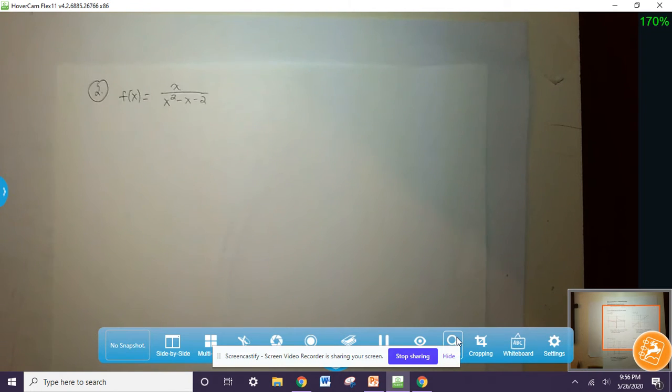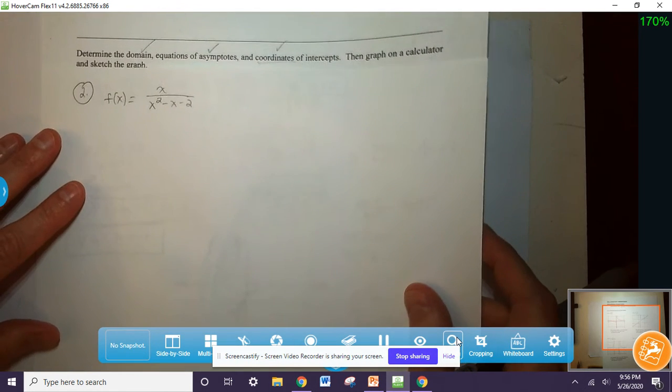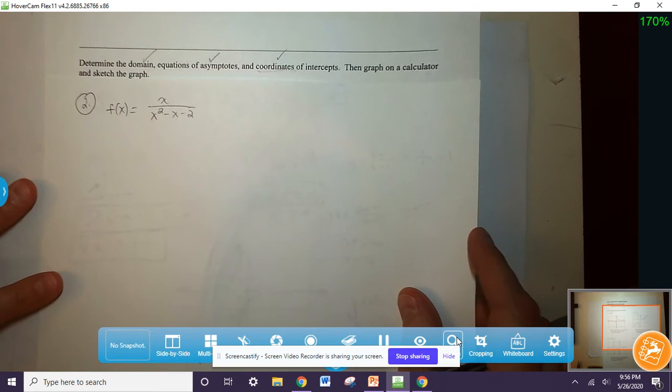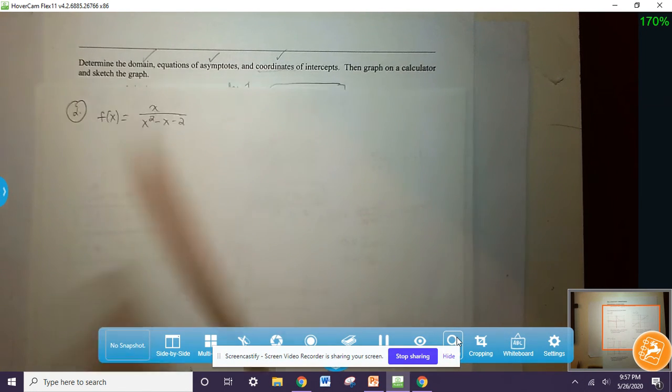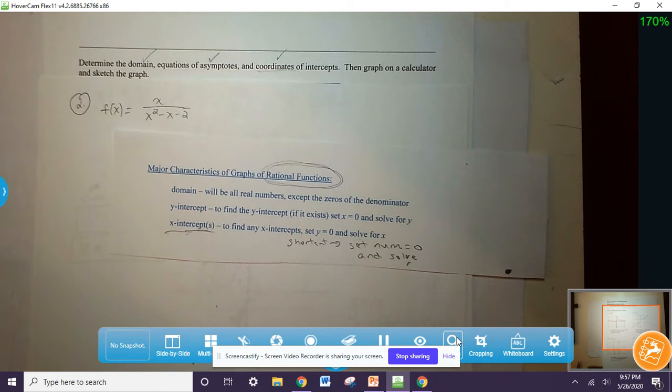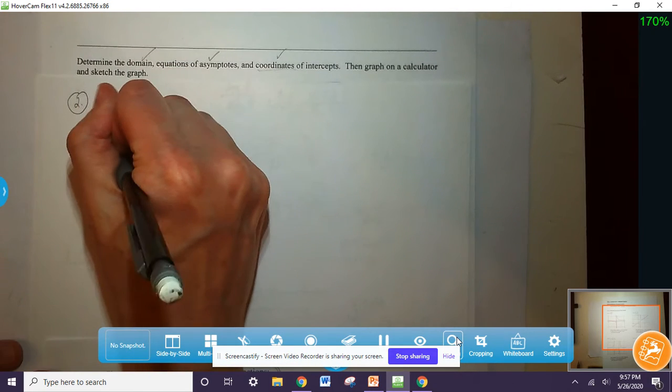So here's number 2. We're going to do all the same instructions for f of x. And we can find those things in any order we want, but let's go ahead and jump in and find the domain first. The domain is going to be all real numbers except the zeros of the denominator. So we set the denominator equal to 0.